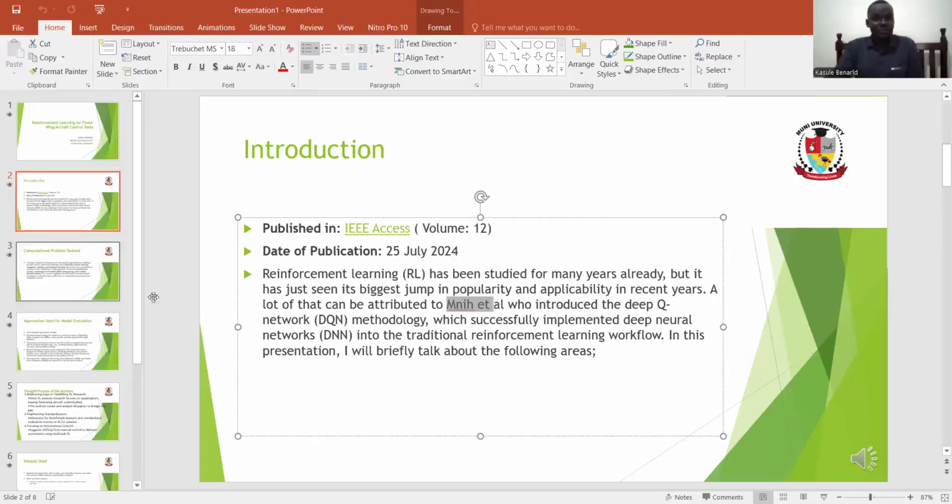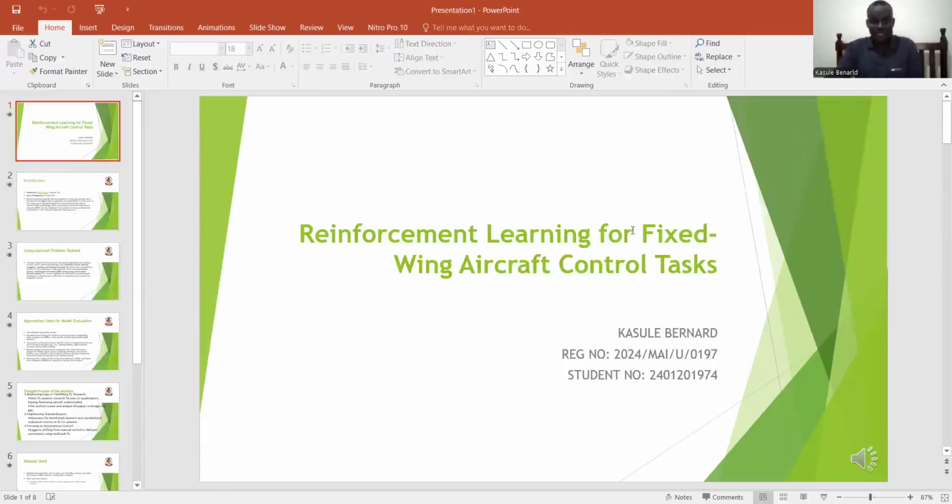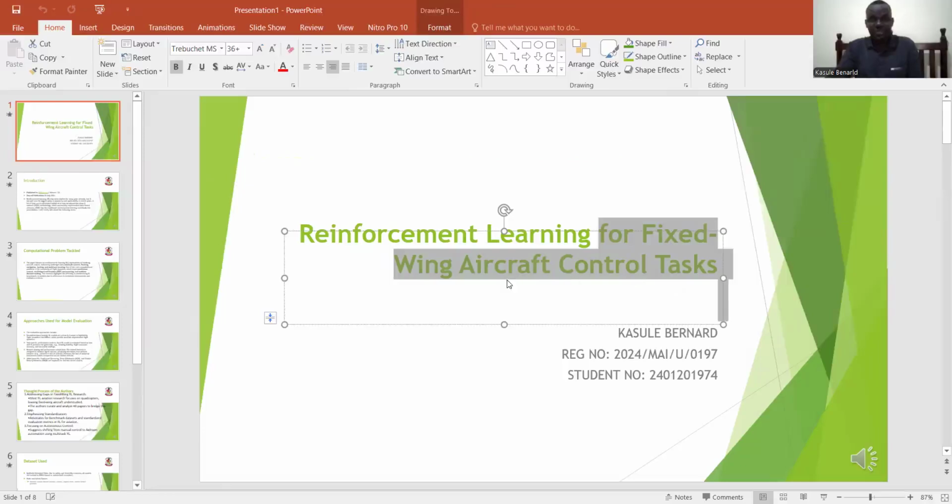Now, in this brief research I've conducted, I'll briefly talk about the following areas in relation to my area of research: fixed-wing aircraft control tasks.